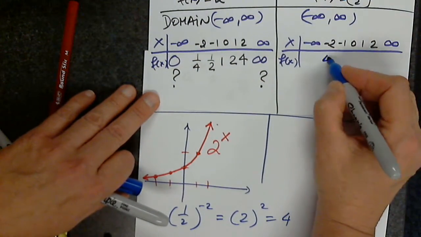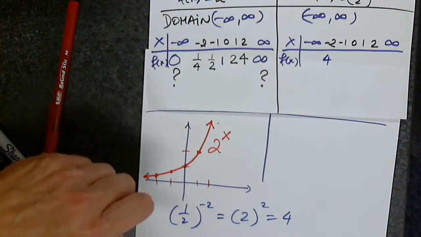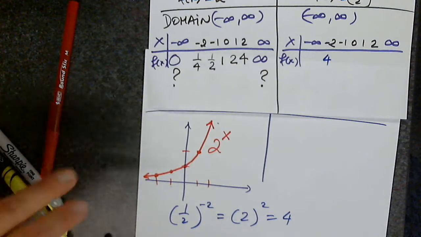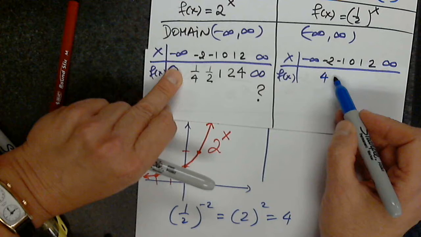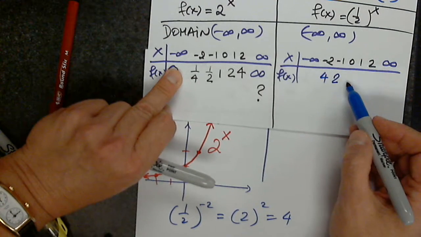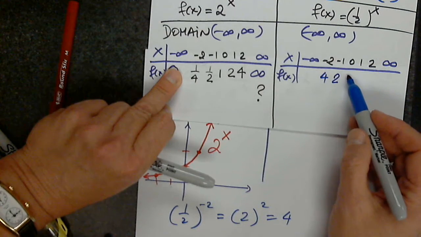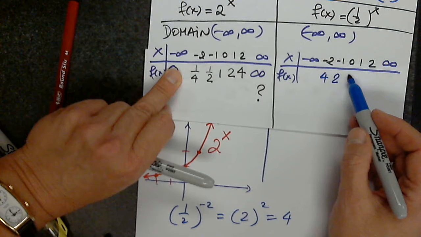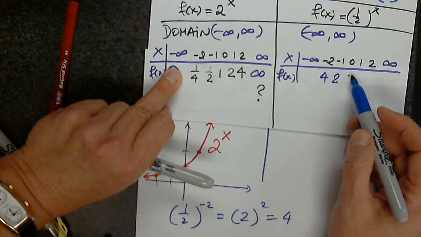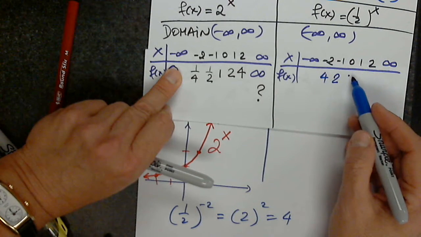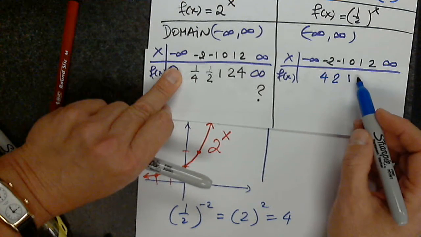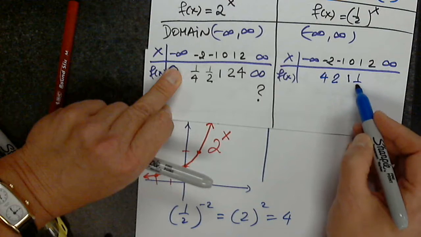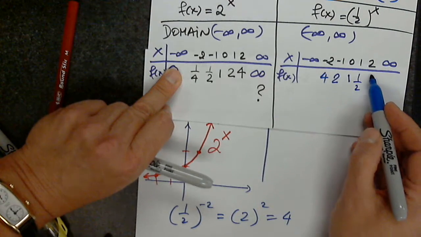So 4. When x is negative 1, very good. When x is 0, a number raised to 0, 1. When x is 1, good. When x is 2, good.